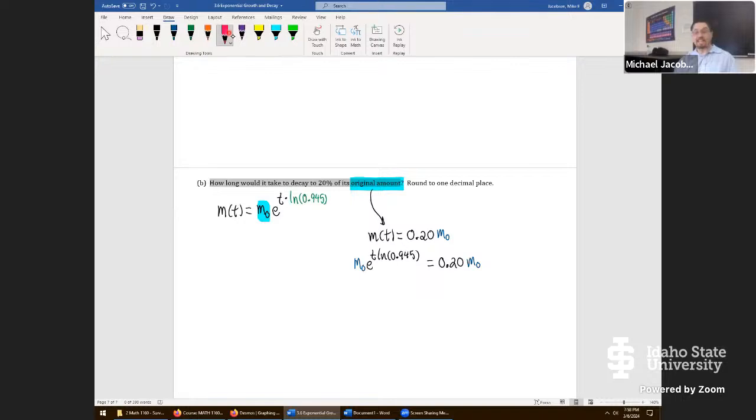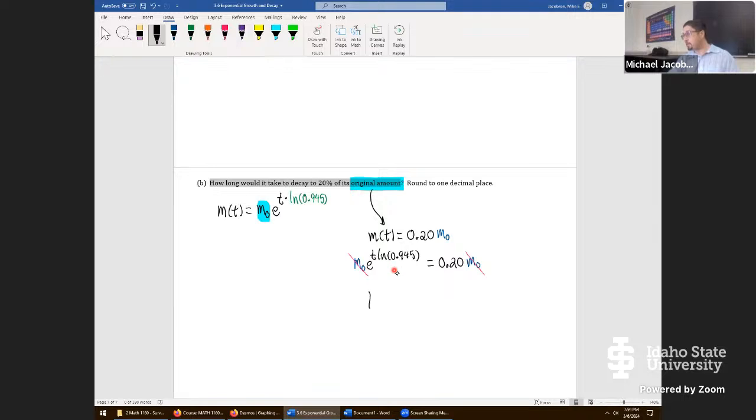Like before, there's an immediate cancellation. You're just going to want to divide both sides by the initial mass m naught, or you could just cancel it right here and now. That's just gone algebraically. Next step you would take is the natural logarithm of both sides. We've mentioned there's a shortcut to this, and let me show you what it would look like if you did it on the notes. It's a foregone conclusion you're using the natural log right here.